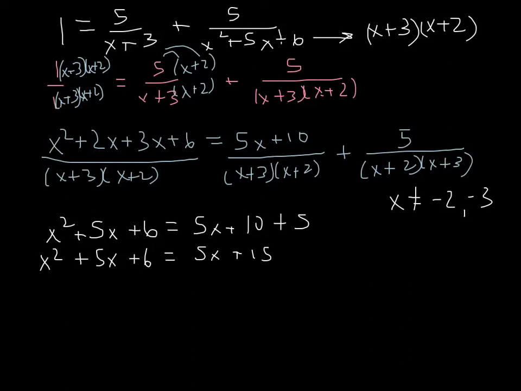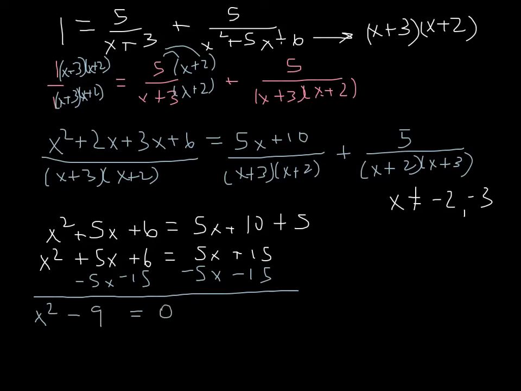Now, I have a quadratic, which means that everything has to get over to the left side by the x squared. I need this to be 0 on the right-hand side, so I'm going to subtract 5x. I'm going to subtract 15. And what's left? X squared is left. 5x minus 5x is 0. 6 minus 15 is -9, and that equals 0.